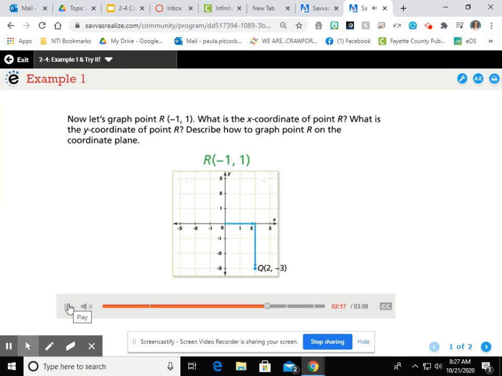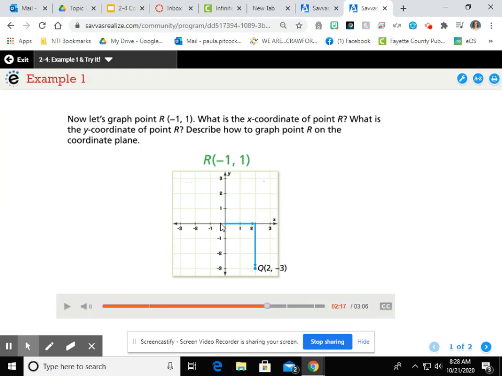Okay, so we want to describe how to get to point R. So think right now, how would you say out loud how to get to R, which is -1, 1? I want you to think first before I go over it. Well, one way to describe how to graph point R on the coordinate plane is to say start at the origin, start at 0, 0.